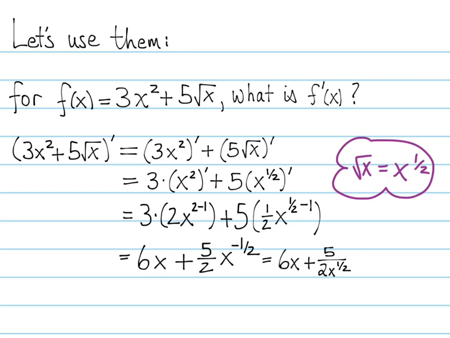And we can go ahead and pull the x to the negative 1/2 into the denominator to make the power positive, and we get 6x plus 5 over 2x to the half. And going one step backwards, since x to the half is the square root of x, we can nicely write this as 6x plus 5 over 2 radical x.